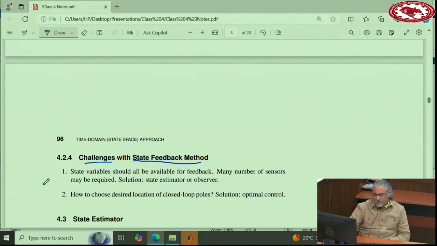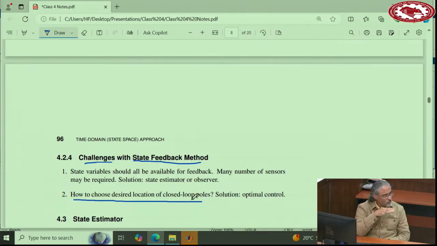The second weakness, or challenge, is that we always said choose the location of poles, but how to choose them? That's not easy, especially if you have more than one or two poles. Up to two poles you can choose properly, no problem, based on the relationship between transient response and poles that we discussed the other day.